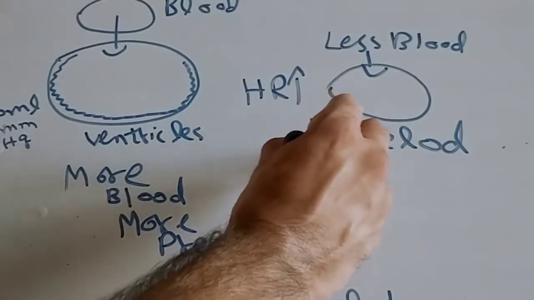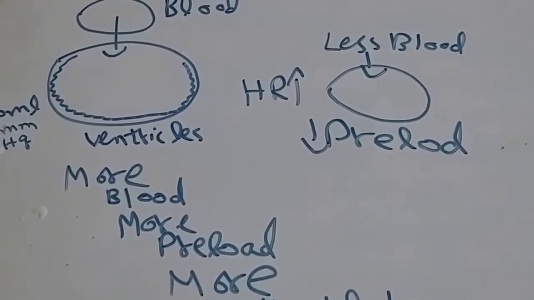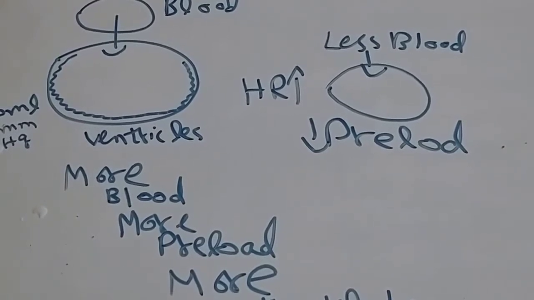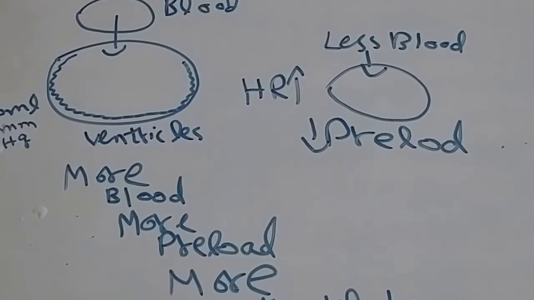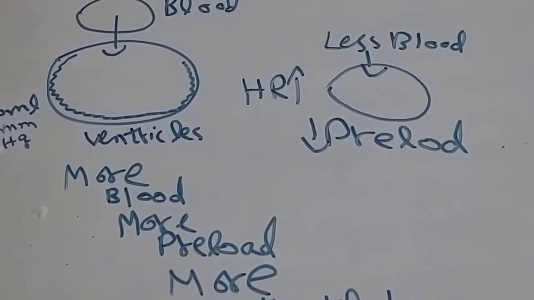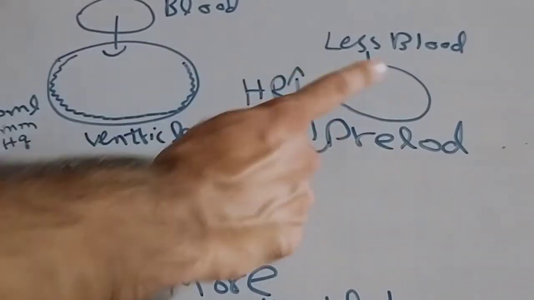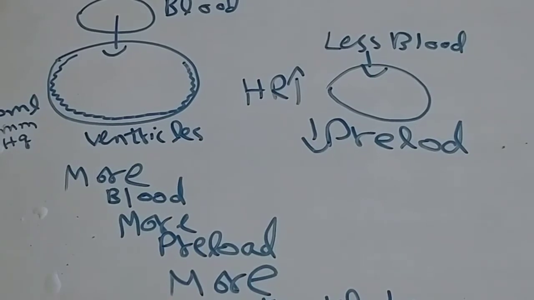This is an important factor you must remember: if the heart rate is greater, there would be less time available for the ventricle to relax, so the diastole would be less, less blood would be drawn from the atrium into the ventricles, the preload would also be less, and the stroke volume would also be less.